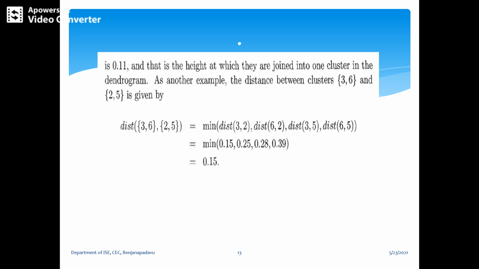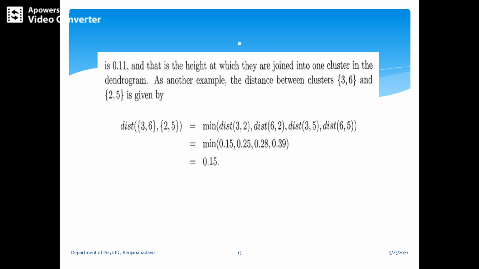To calculate the distance between the clusters, we take the minimum distance between them, using the points from the previous diagram. This is how we calculate the distance, very simple. The distance between {3, 6} and {2, 5} is the minimum of distance of 3, 2; distance of 6, 2; distance of 3, 5; and distance of 6, 5.